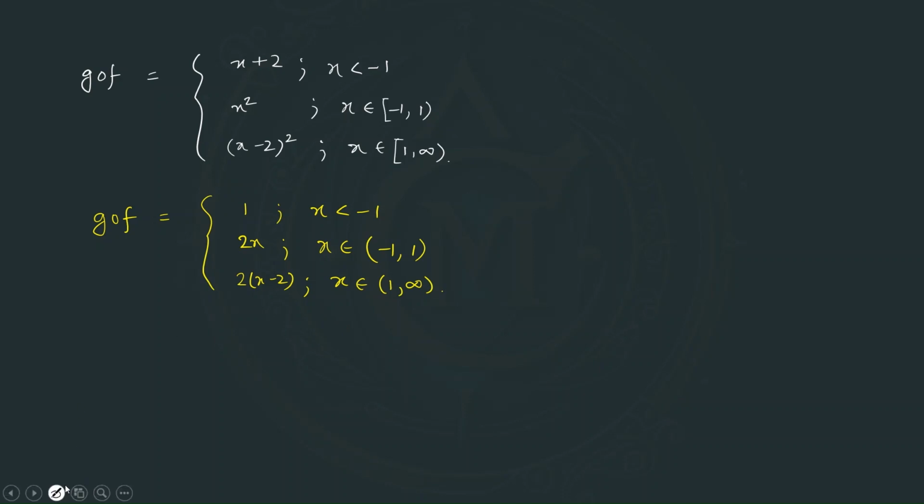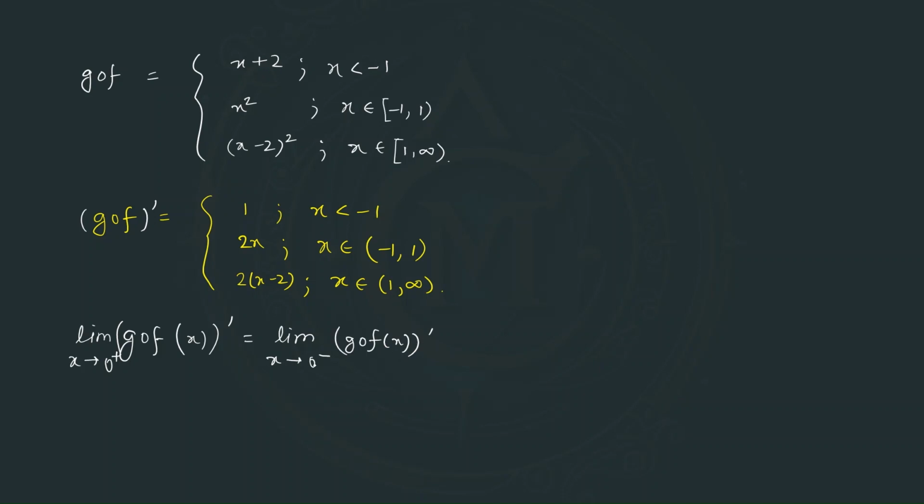Now if we check the derivability of this function at x equal to 0, by the way this will be the derivative of this function. If we calculate the limit of this function as x tends to 0 from the positive side and from the negative side, if they are equal, then we can say that the function is differentiable at x equal to 0.